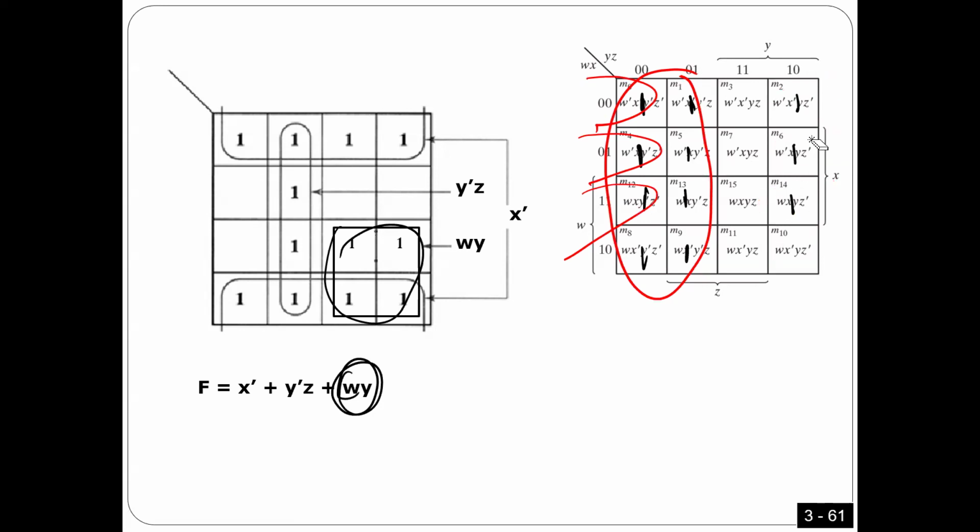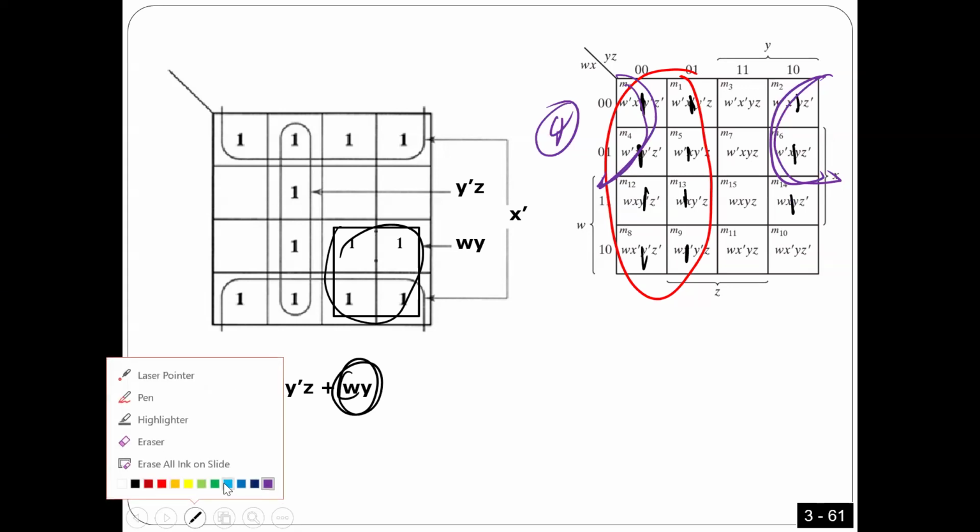Why? Simply because, let's use a different color here, I can take these 2 with these 2 to make a group of 4. So instead of making a group of 2, now I'm making a group of 4. Same thing here. So how can I cover this one? I can cover it alone, but this is not the best way to do it.